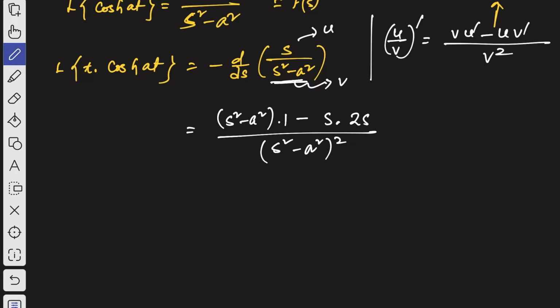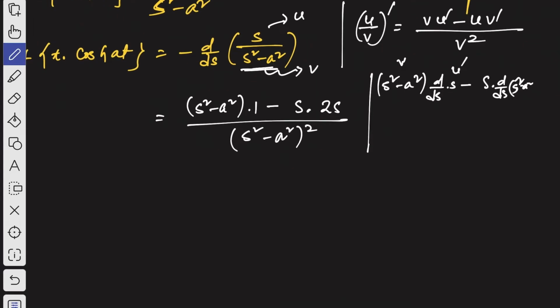So what we have done here, just s square minus a square, derivative of, let me write here, s minus, so this is our v, this is our u, right? So derivative of s means u dash, then u, that means s into derivative of v dash, that is derivative of s square minus a square.